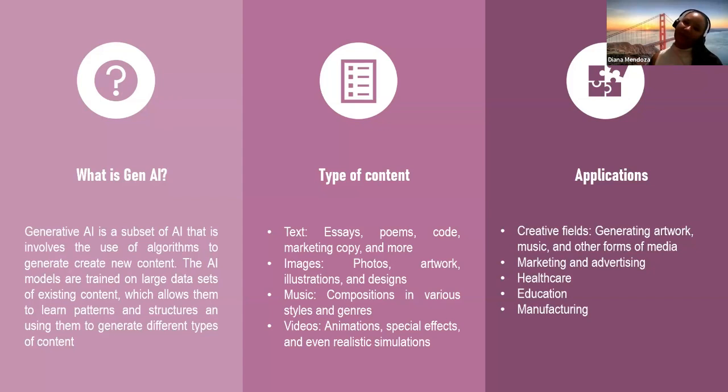As generative AI has a lot of types of content, it can also be applied in different fields. I have a couple of examples here, but at this moment, I invite you to think about which fields can be a potential use of artificial intelligence, and you can put it in the chat. In the meantime, as I mentioned, generative AI has the skills to produce images, music, and interact with videos and animation.